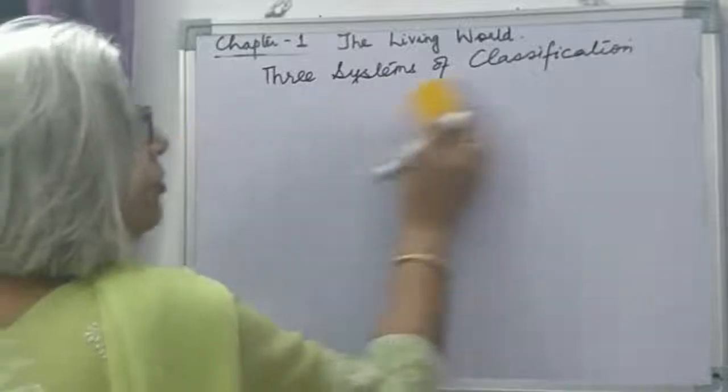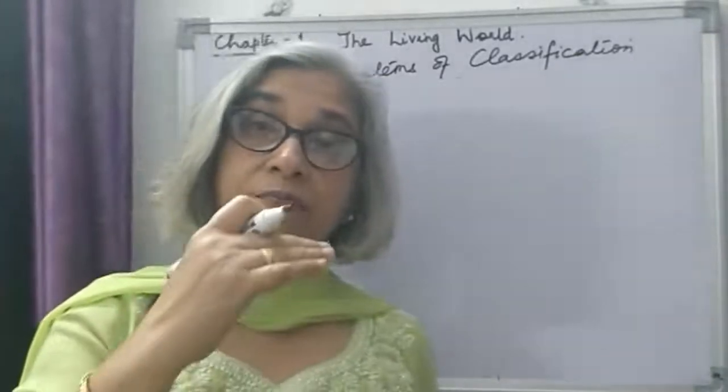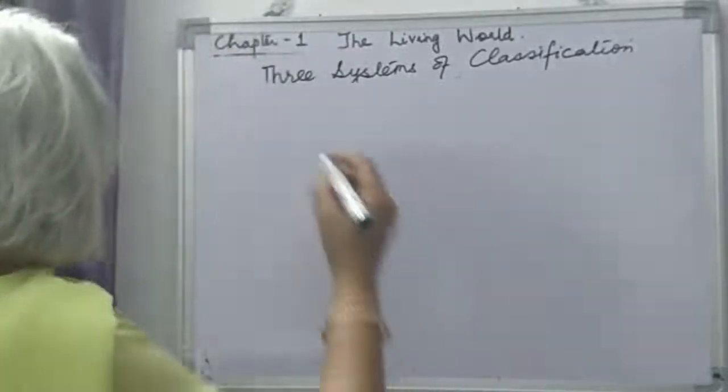Now, under 3-domain system of classification, domain is a category that is placed above the kingdom.